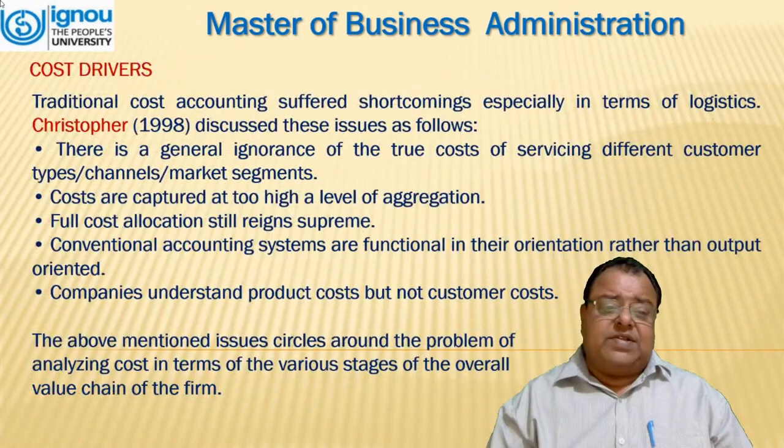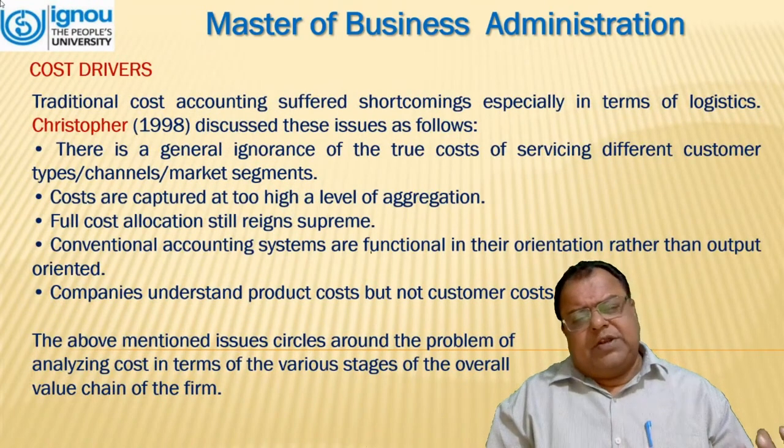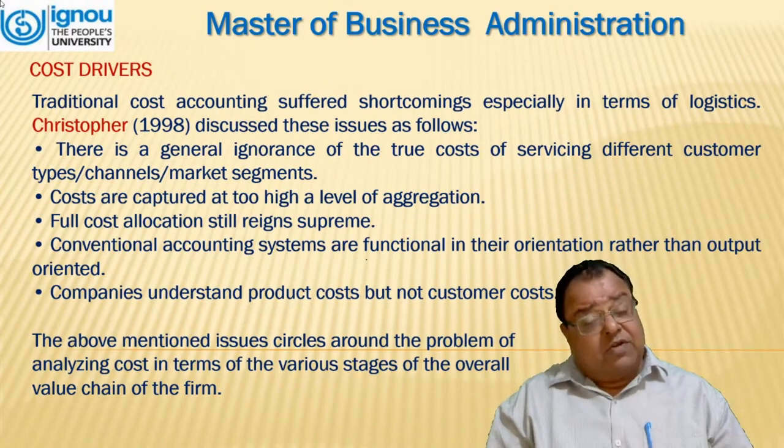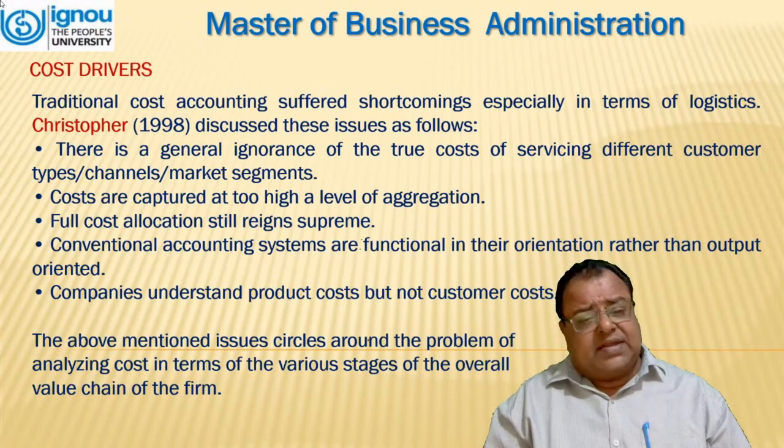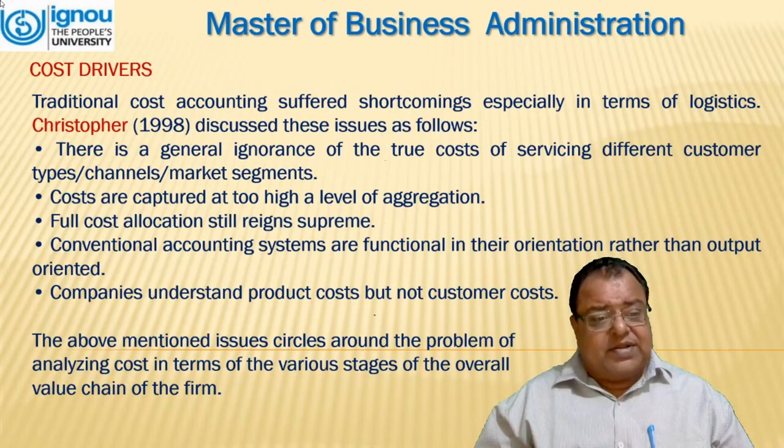Cost drivers. Traditional cost accounting suffered shortcomings, especially in terms of logistics. Christopher discussed these issues: there is a general ignorance of the true cost of servicing different customer types, channels, and market segments.